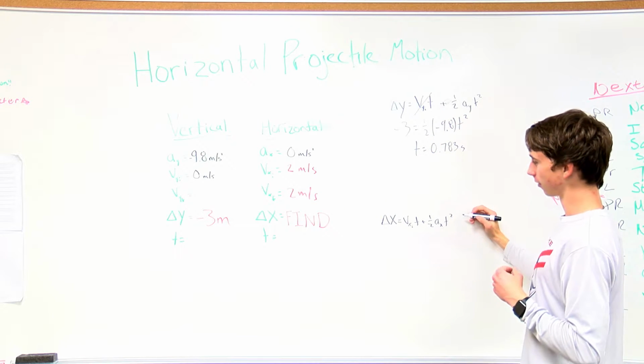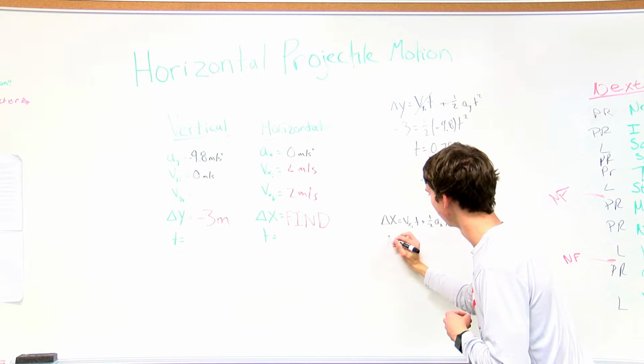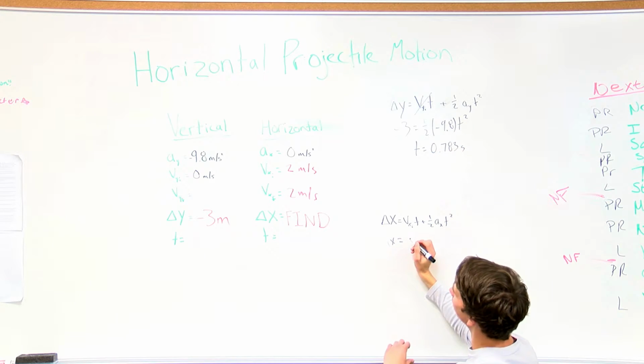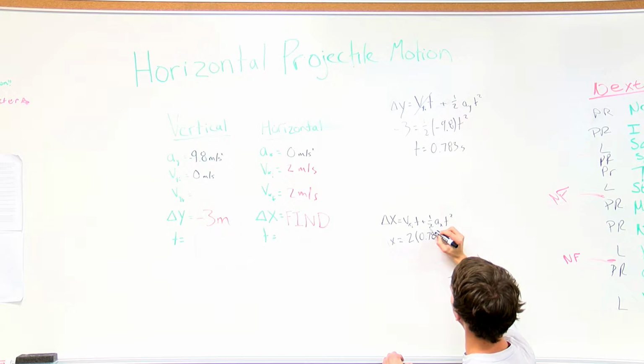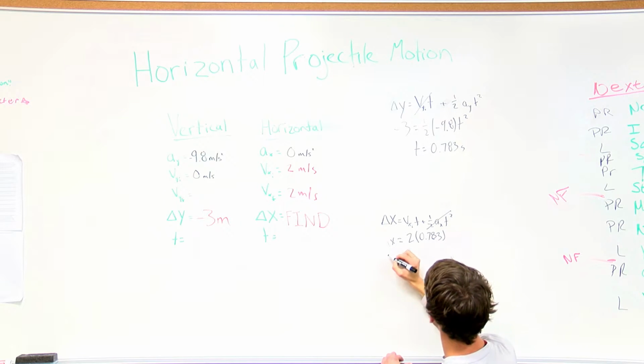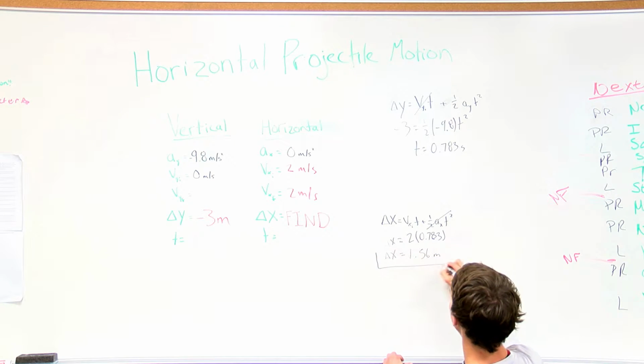When we plug that into this equation down here, we'll find change of x equals initial velocity times time, and acceleration in the horizontal direction is 0, so this will cancel out, and we'll come out with our final answer that x equals 1.56 meters.